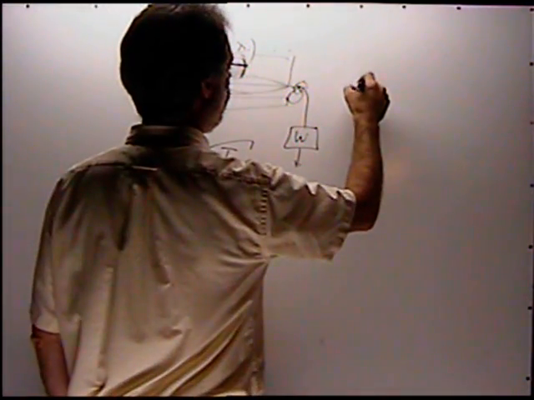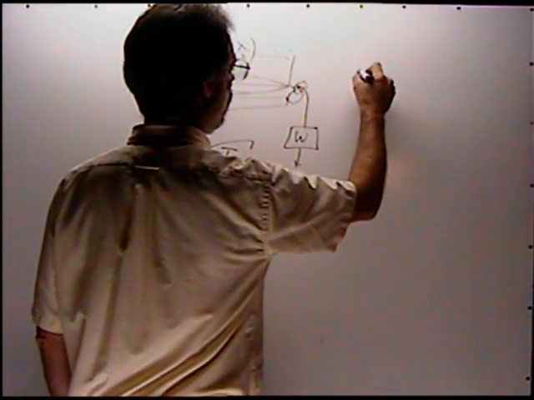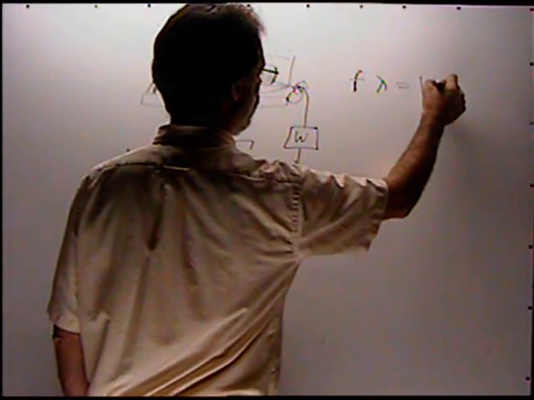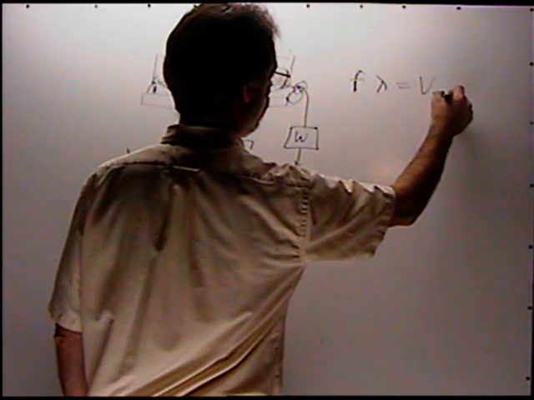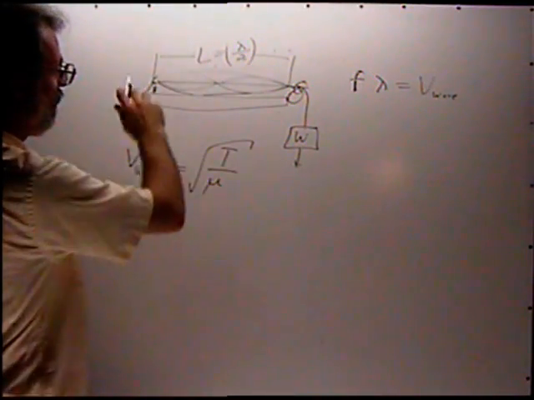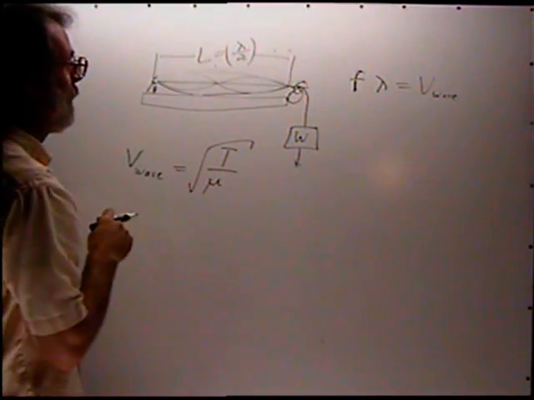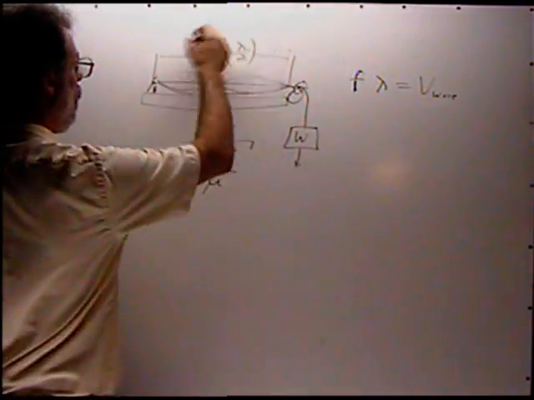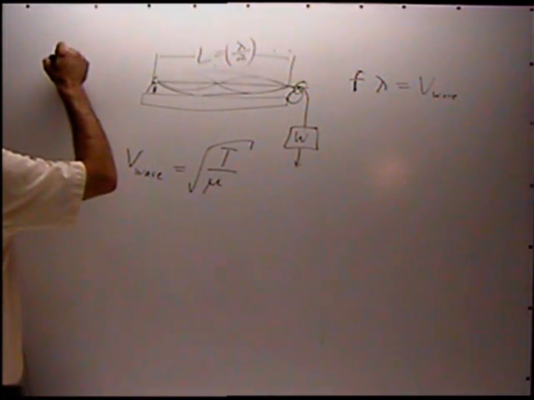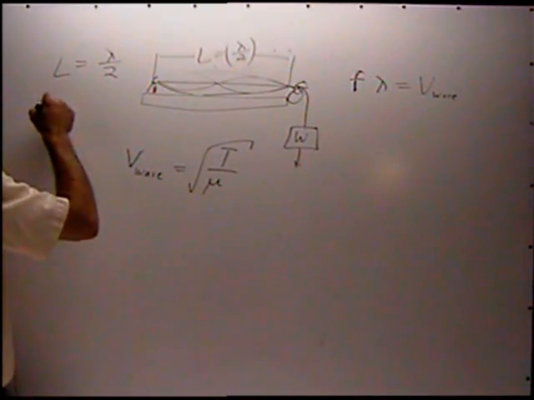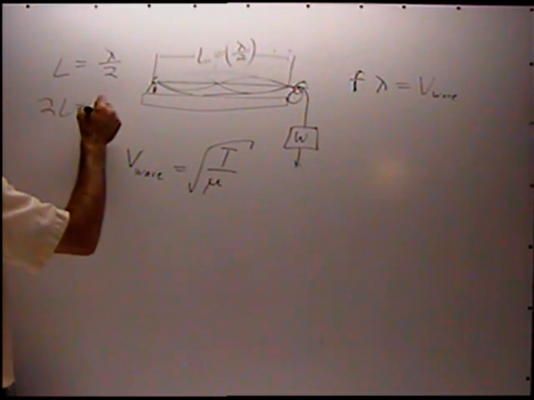Now remember, the frequency times the wavelength equals the velocity of the wave, the velocity of the wave traveling down the string. So what we're going to do is solve for lambda: 2L equals lambda over 2, so 2L equals lambda.